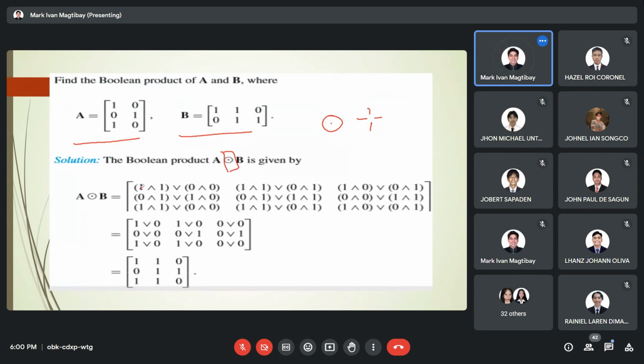Okay? Na ang ating conjunction denoted as multiplication po natin and then the disjunction po natin is yung mga addition po natin. Okay? Same lang din po yan. Same lang po yung idea natin sa mga Boolean products po natin.